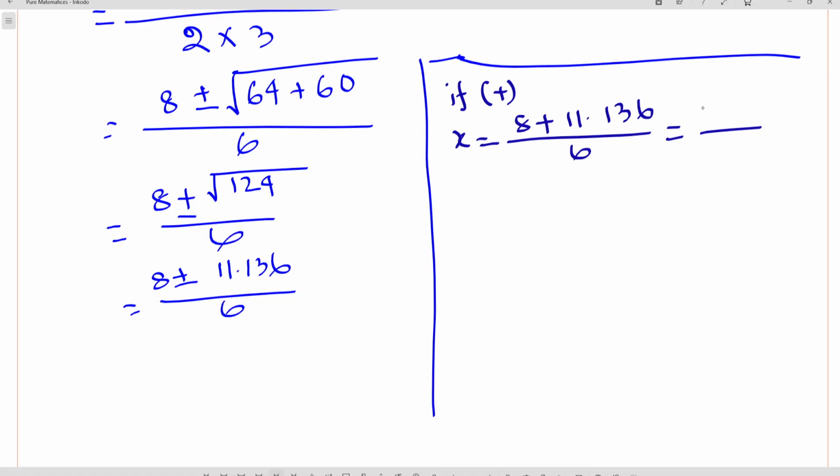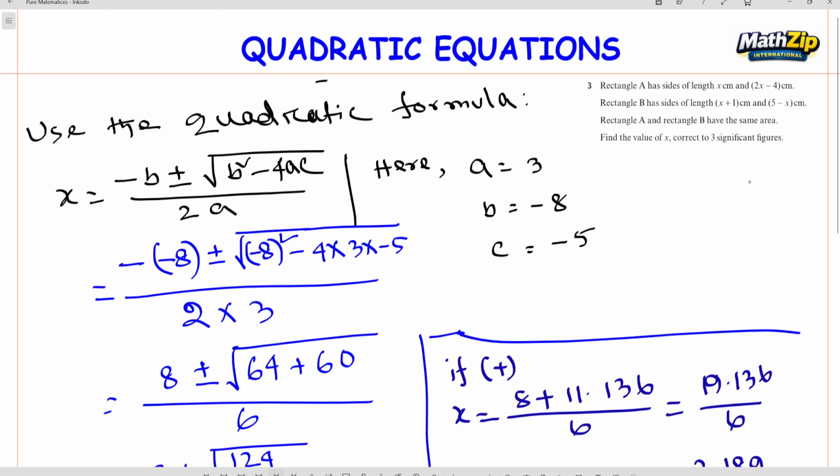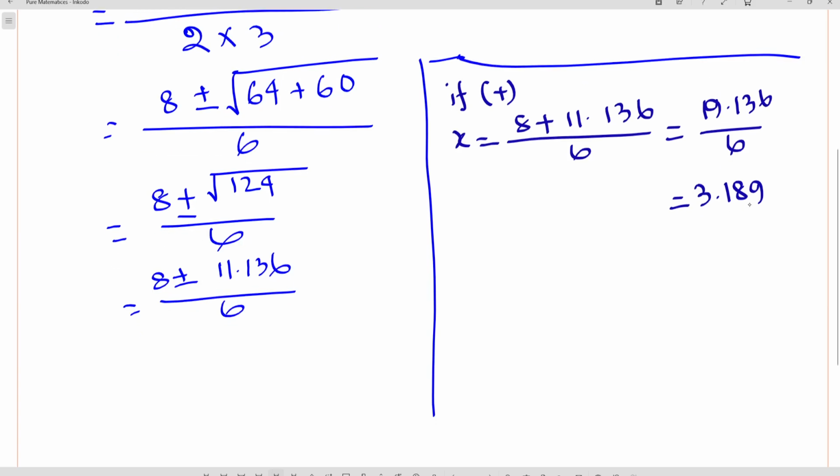So it's 19.136 divided by 6. So this one is 3.189. This is 3.189. It should be approximated because our question mentioned correct to 3 significant figures. So this is the 3 significant figures and it should be approximate.